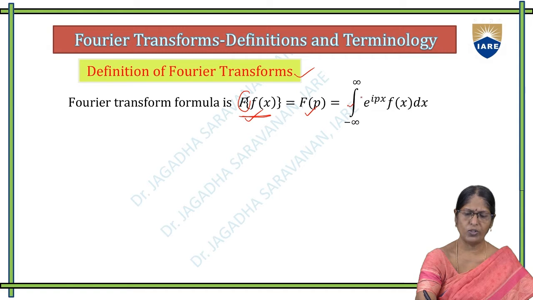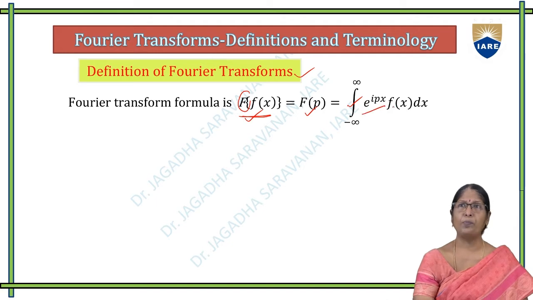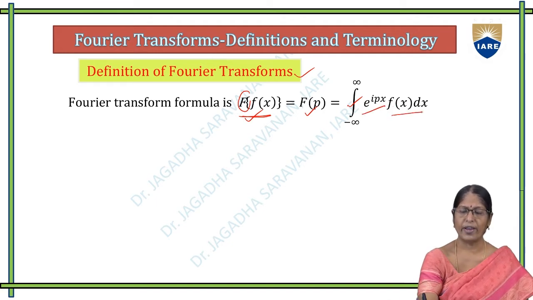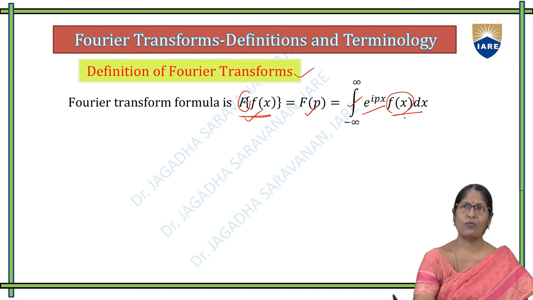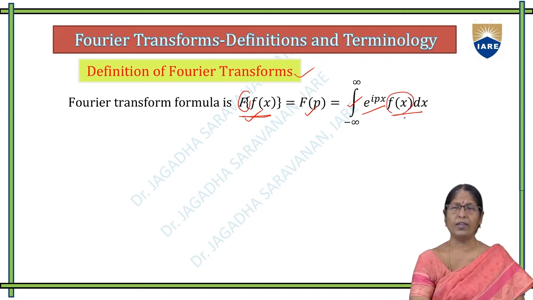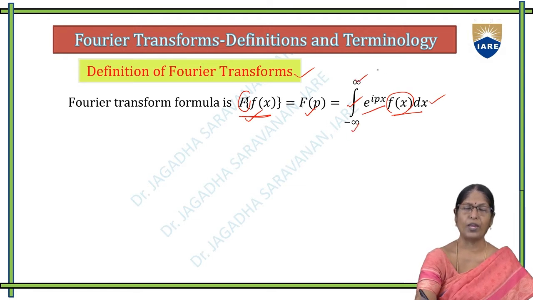The formula is the integral from minus infinity to infinity of e power ipx f of x dx. That is, the given function is f of x, which is multiplied by e power ipx, and we have to do the integration with respect to x from minus infinity to infinity.